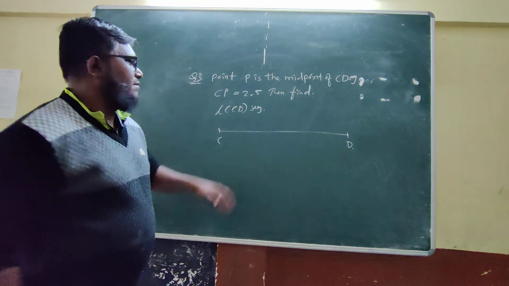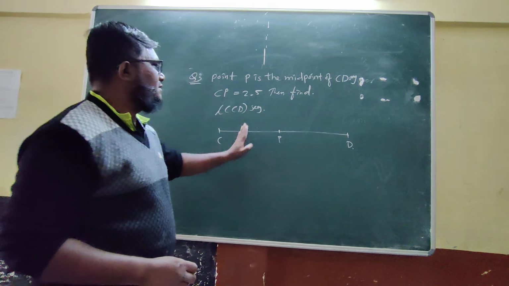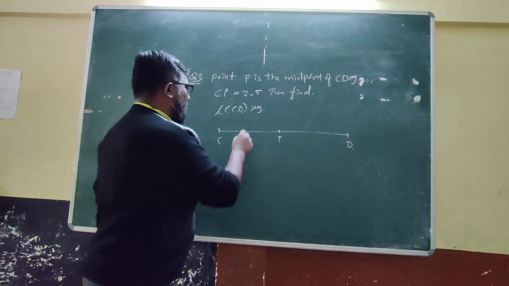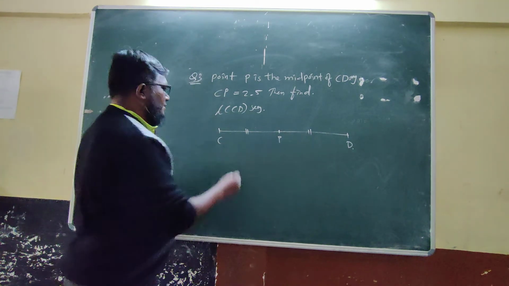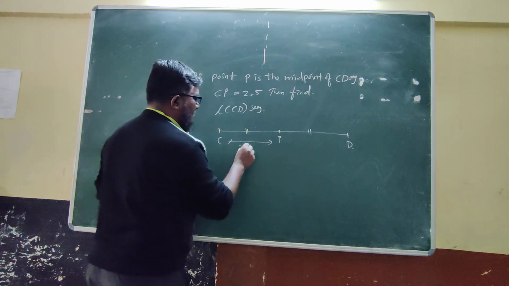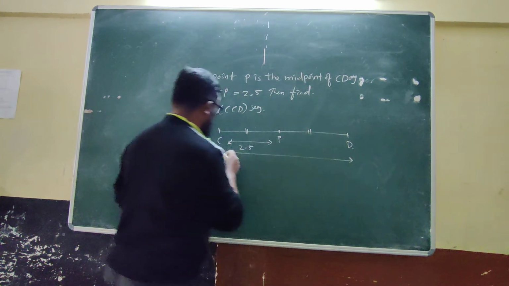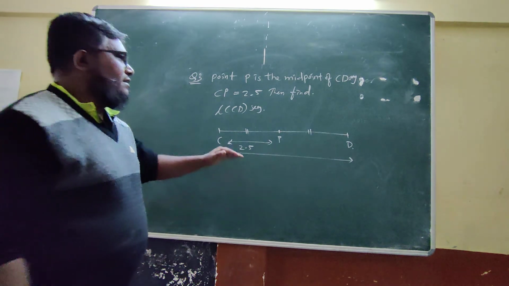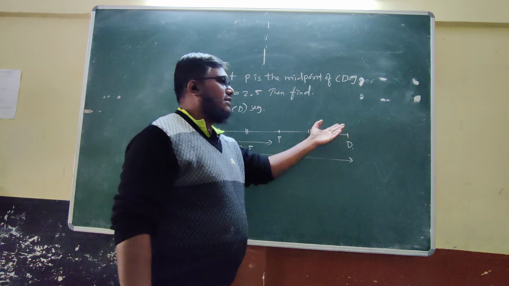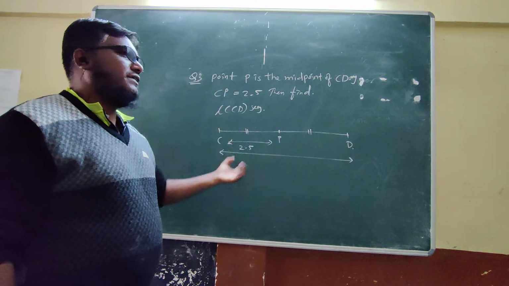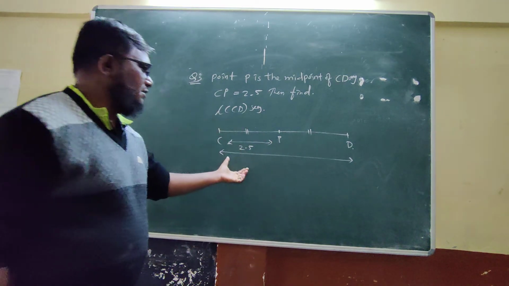CD is the segment and point P is exactly in the midpoint that divides the segment into two equal parts. They are congruent parts. If one length is given as 2.5, then we have to find the full length of segment CD. In the previous example, we were given the full length and had to find the half length of it. That's why we took half of the given distance.